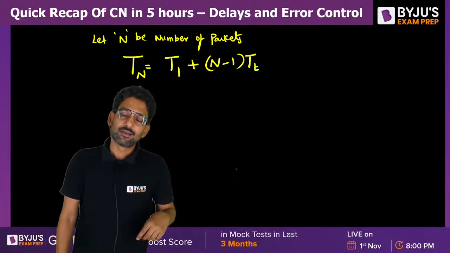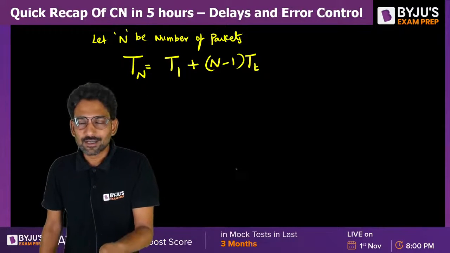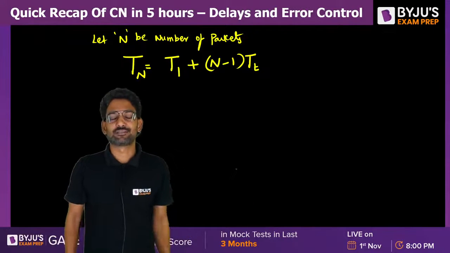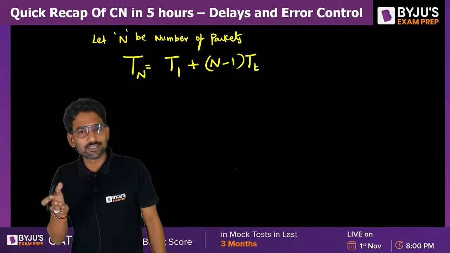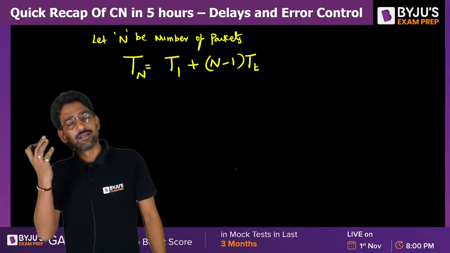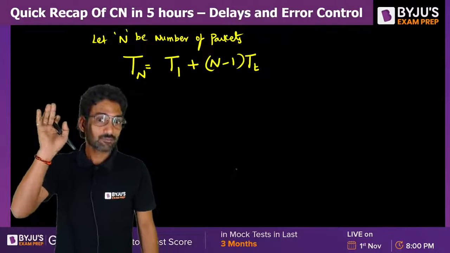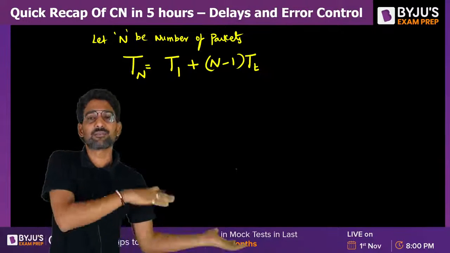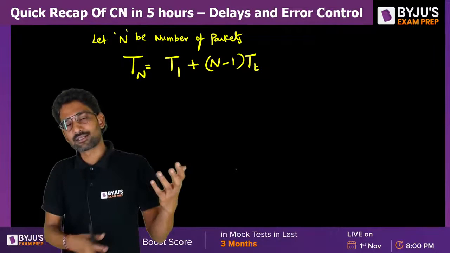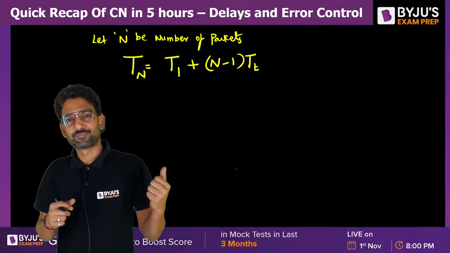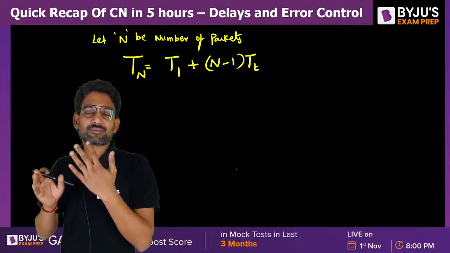Why? Until the first packet's transmission is over, the remaining packets are waiting. Once the first packet's transmission is over, it is propagating to the destination or intermediate node, but at the same time the second packet starts its transmission. Once the second packet is propagating, the third packet's transmission starts.